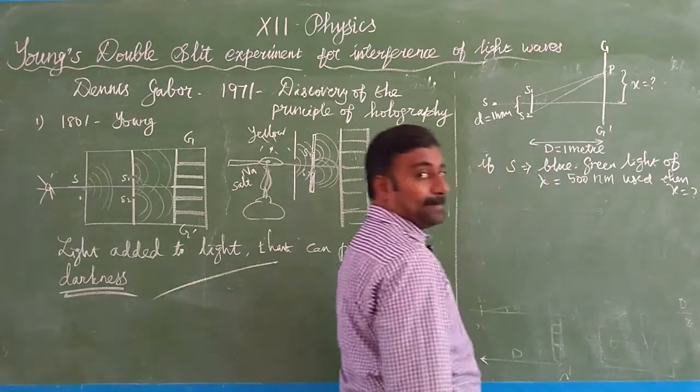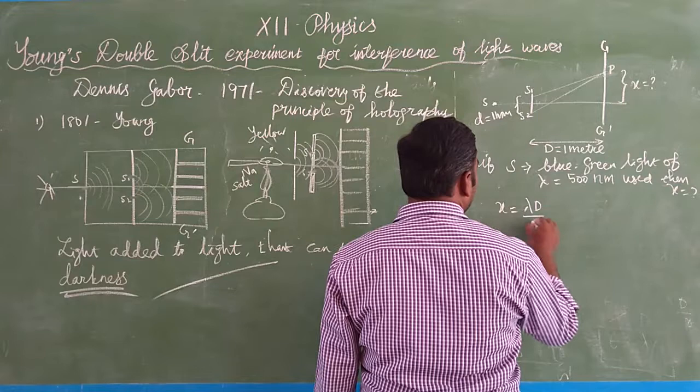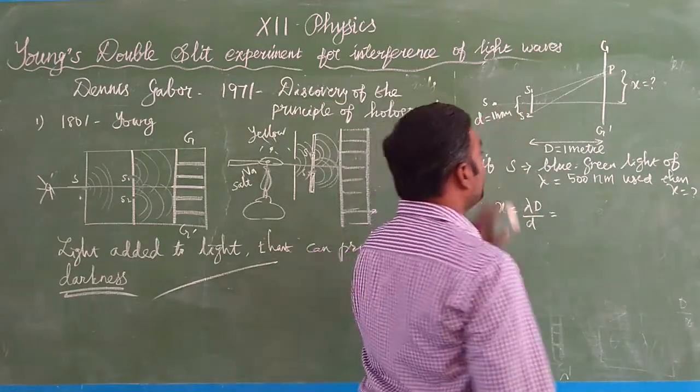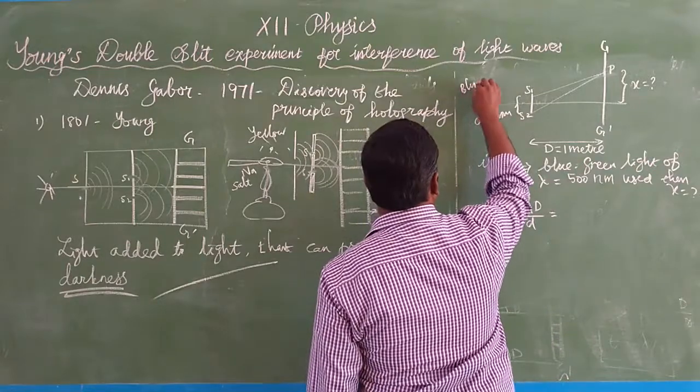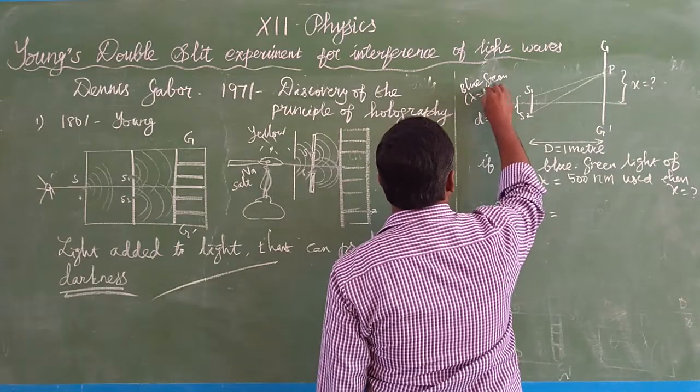We know the formula. So the displacement x is equal to lambda D by d. What is the wavelength of the source light used? It is a blue green light of wavelength about 500 nanometer.